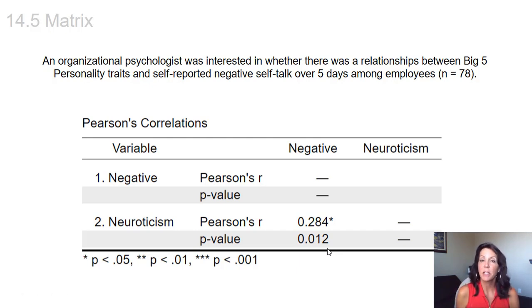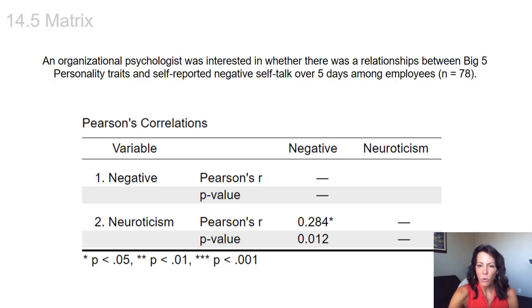We say, yes, there really is a correlation. So to figure out if something is statistically significant, we're evaluating it against our preset alpha level. Again, in social sciences, our preset alpha level is usually 0.05, and 0.01 is less than 0.05, so we say that it is statistically significant.